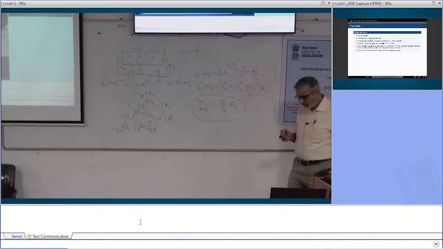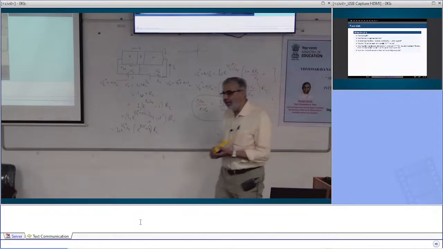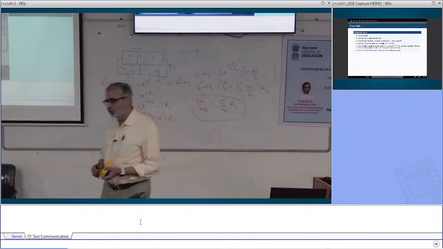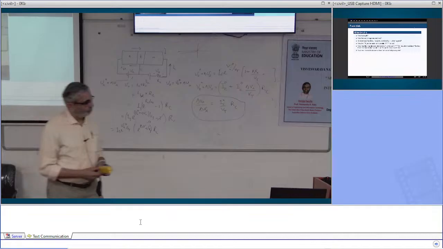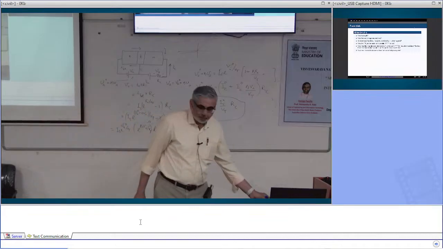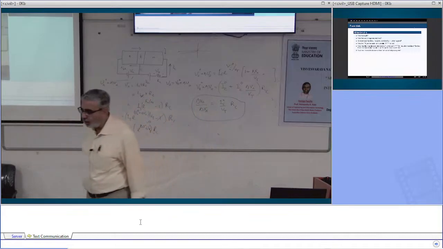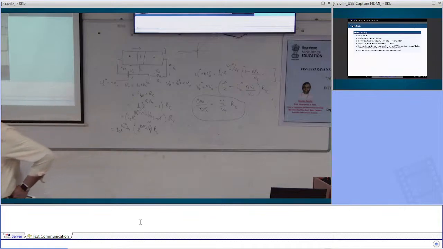Now, how do you get a gain of a million using this formula? If you want to increase the gain, what do you do? So VT is fixed, that's a parameter of the temperature and all that sort of stuff. IC0 is fixed because it is the bias one, you can set it, but let's say it is fixed. So if I want to get huge gain, what do I do?